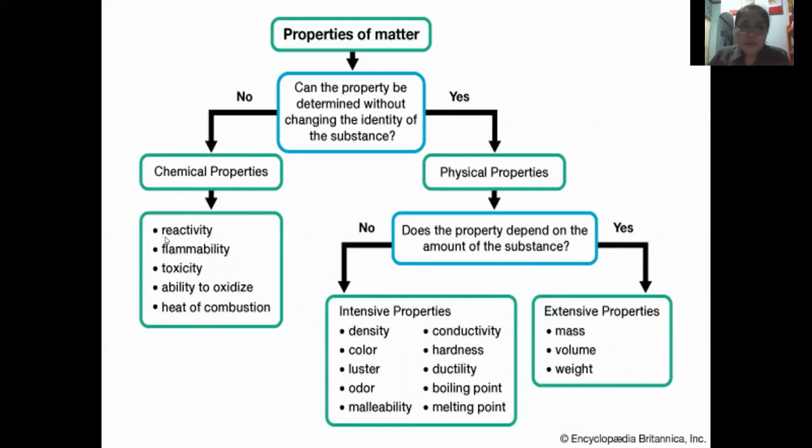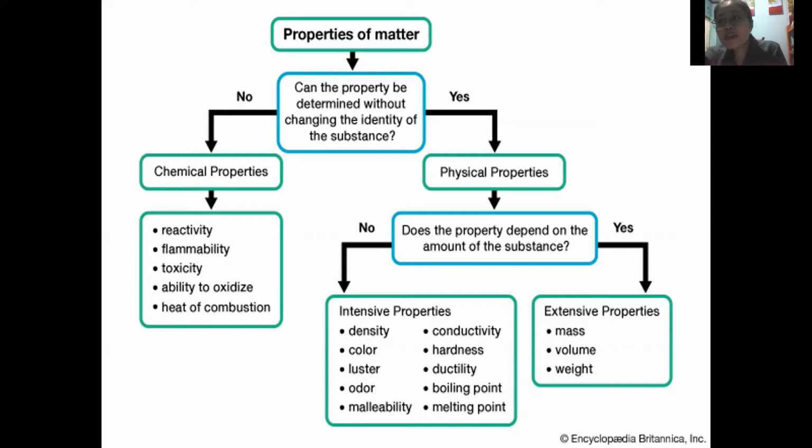So for example, an example of a chemical property is reactivity. You will not know if a substance is reactive or not if hindi mo talaga siya ipapa-react with other substance. And then pag nag-react yan siya with other substance, magbabago yan ang properties and identity niyan. Kaya under siya sa chemical properties.